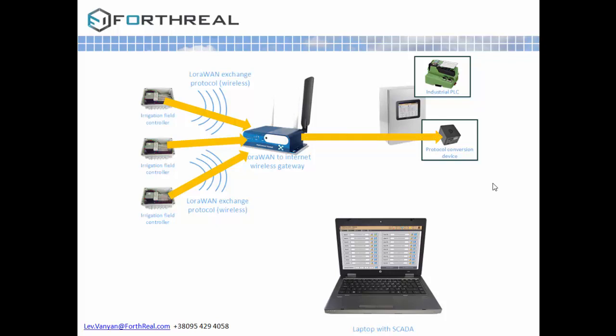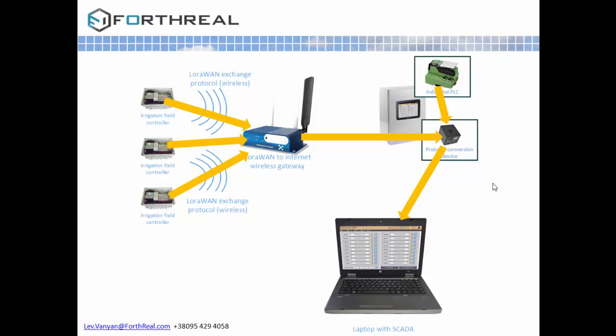The protocol conversion unit is a multi-purpose device that is primarily used to exchange information between the field irrigation controllers through the LoRaWAN gateway and the SCADA system, and between the SCADA system and the control unit.